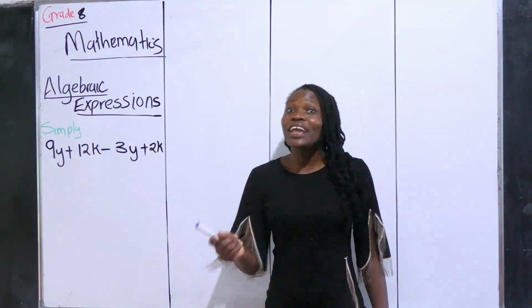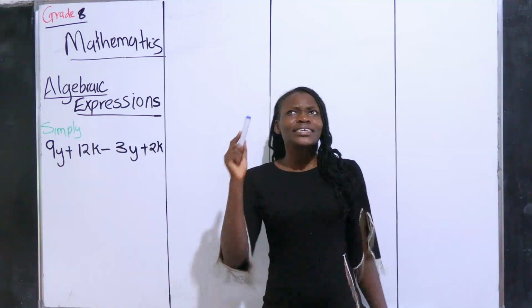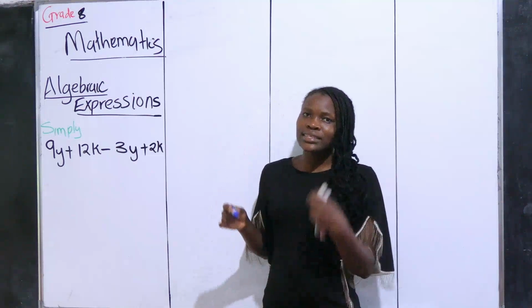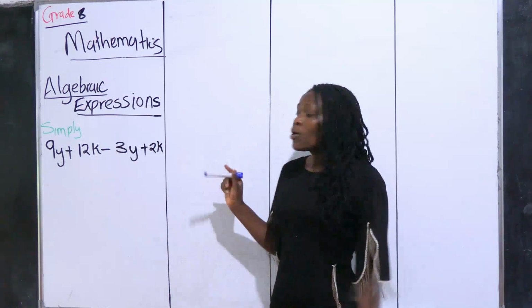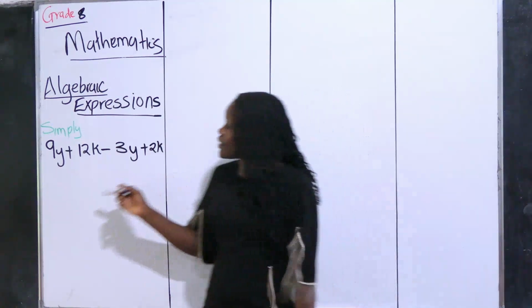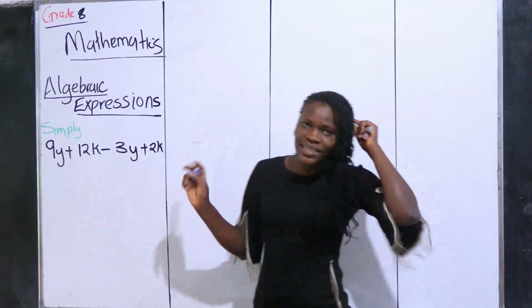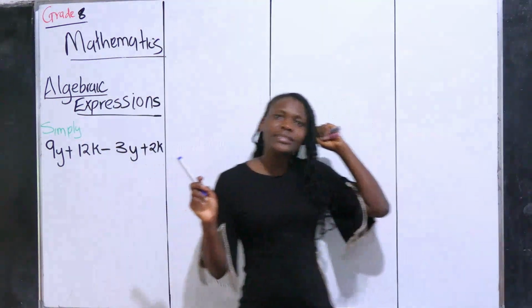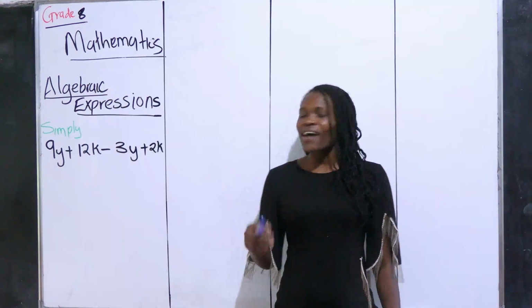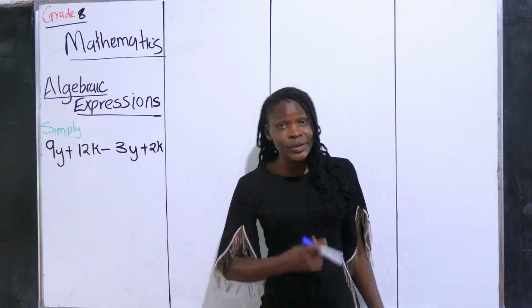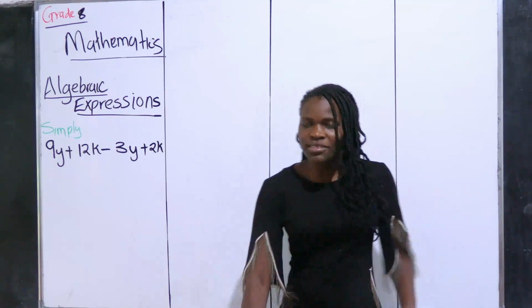You've been given a little hint about it, but you still don't know it. So we have these unknowns, k and y.